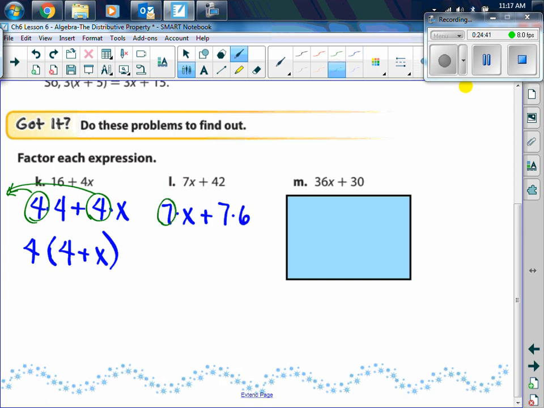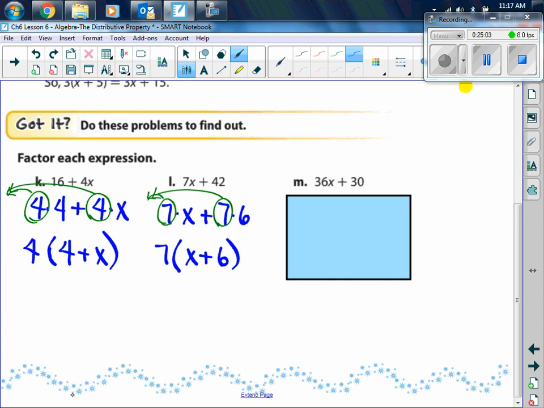And again, we're going to take that greatest common factor and pull that out to put in front of the parentheses. So the 7 goes in front of the parentheses, and the x plus 6 remains. And that's it. So go ahead and try example problem M on your own.